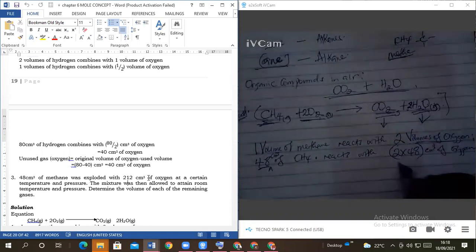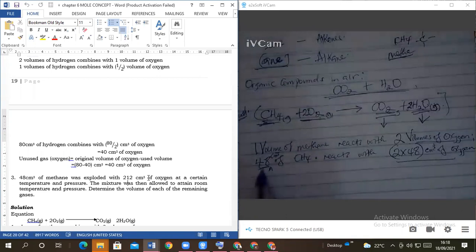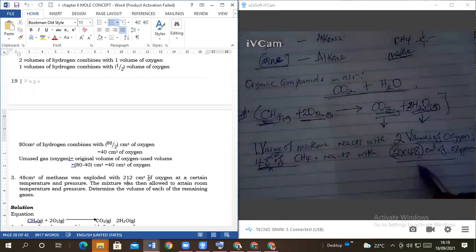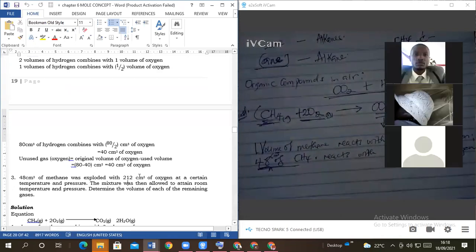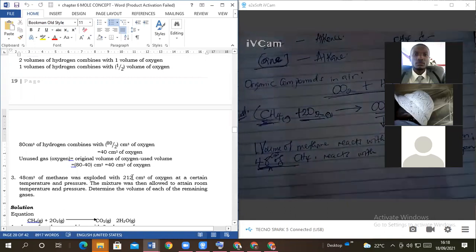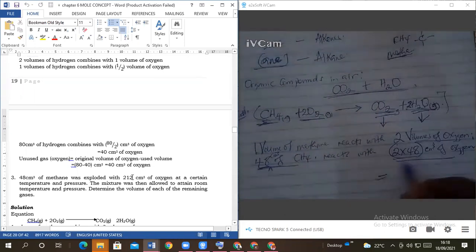We are doing this to check if the volume of methane used all the volume of oxygen given, because we're given 212 cubic centimeters of oxygen. So here we find out that 2 times 48, you get what?